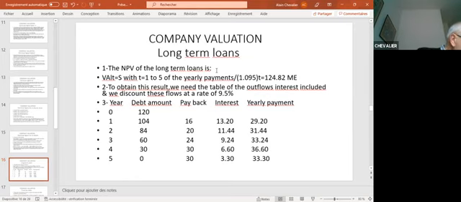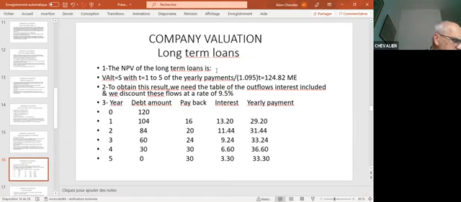And we will make the same kind of calculation, taking into account the table of the outflows, interest included. And of course, when we have built this table, we discount these flows at the interest rate of the market for that kind of debt at the moment of the analysis.